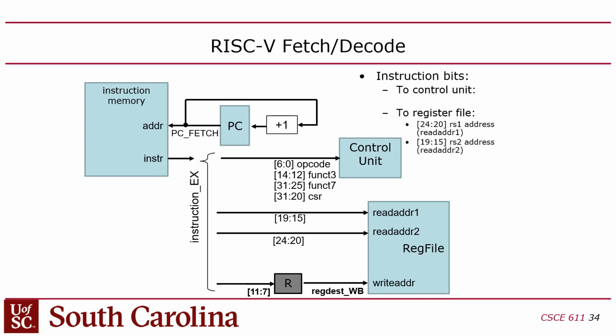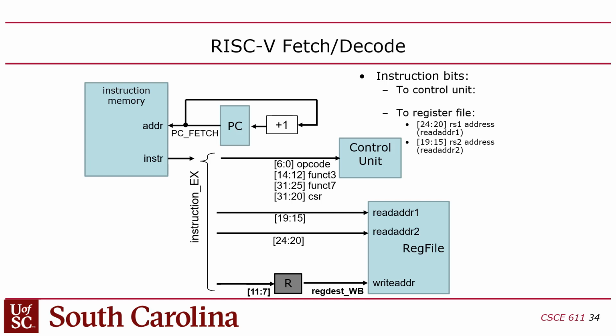PC fetch is an incrementer, so its input is the old PC plus 1. And then when the instruction comes out of the instruction memory, remember the instruction memory is synchronous, so by going from PC fetch through the instruction memory, it becomes instruction EX, right? Because this is an always_ff at pos edge clock. That's how you're implementing the read behavior of the instruction memory.